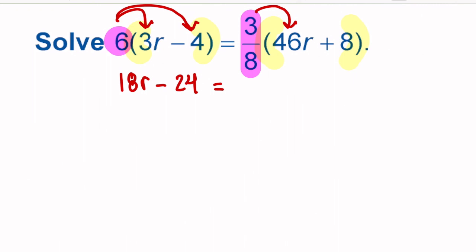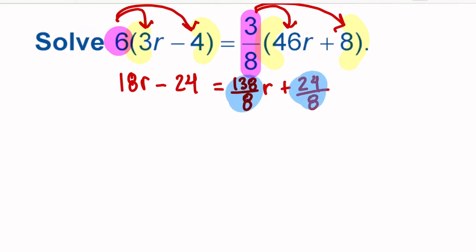So 3 times 46, let's multiply that, and we get 138. Like I said, keep the 8 on the bottom. And then we do the same thing with the other one. 3 times 8 will be 24, and then keep the 8 on the bottom. For the next step, we're going to try to get rid of the fractions.